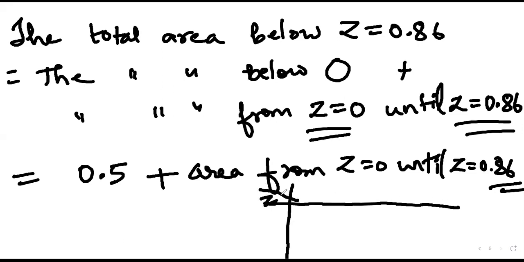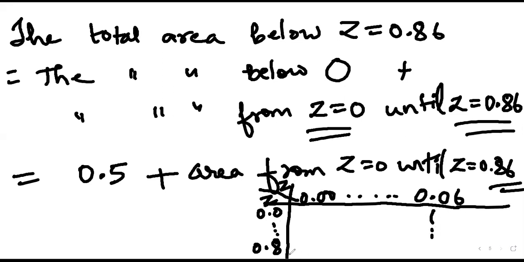We have done this last semester, correct? Here we have 0.8 down the side and 0.06 across the top. We have to see the table value which corresponds to 0.8 and 0.06. Does anyone have a statistical table with them?